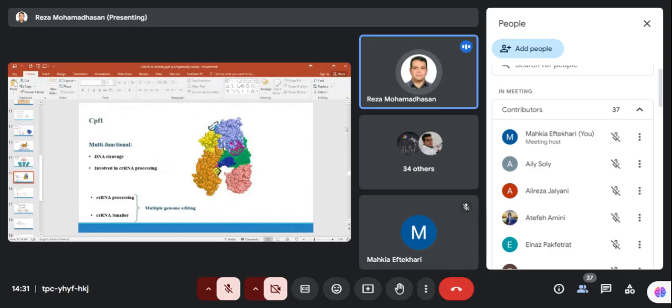Okay, let's have a look at the Cpf1 enzyme. The enzyme is multifunctional. The enzyme not only cuts the DNA, but it's also involved in the crRNA processing.